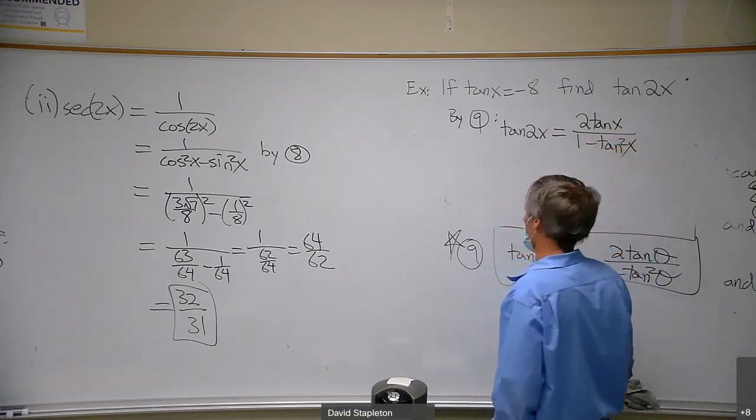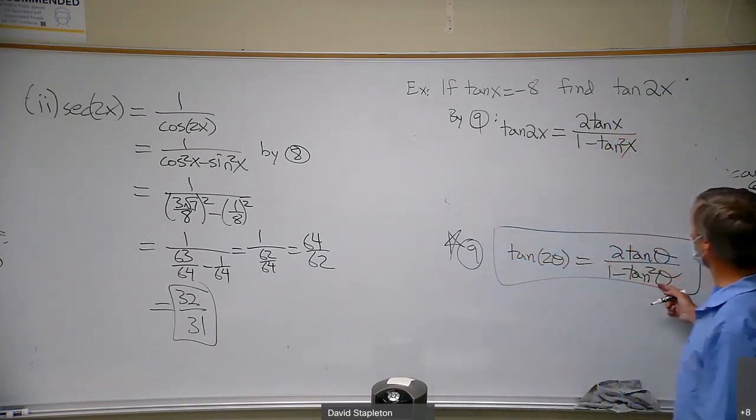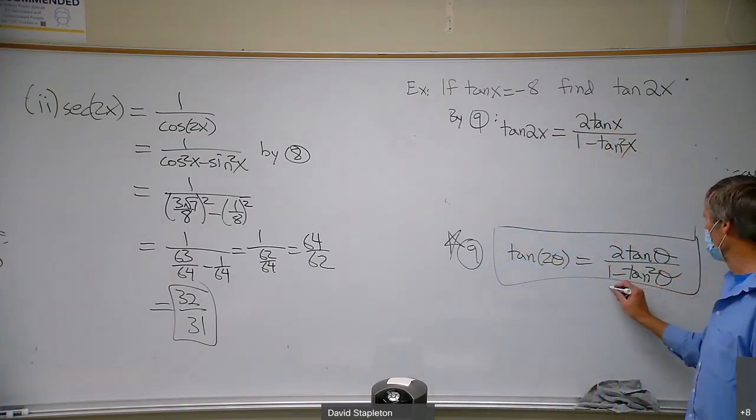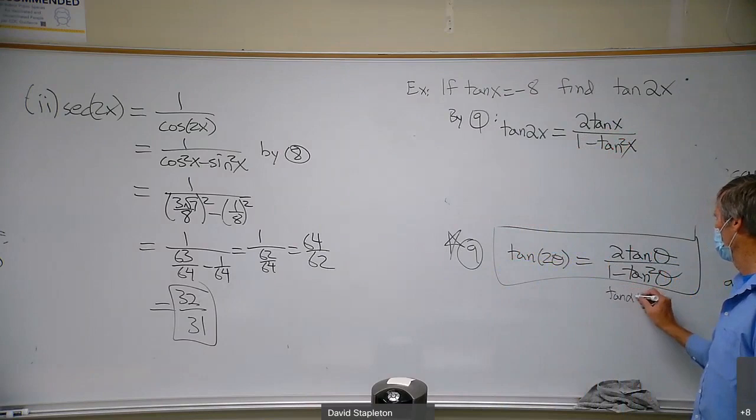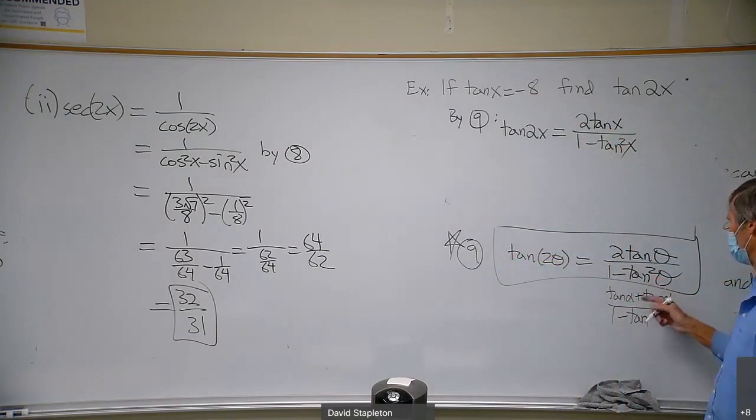These can be a lot to memorize, right? 1 through 9. But again, for 9, just think of what the sum formula is: tangent plus tangent over 1 minus tangent tangent. If you can remember the first 3 with the plus or minus switch, then just think, what if alpha and beta were both equal to theta?